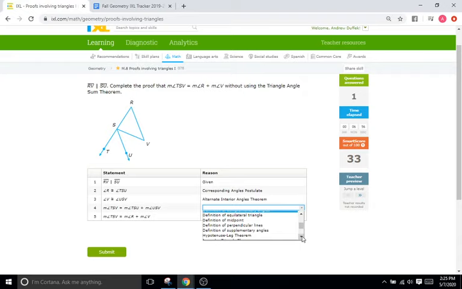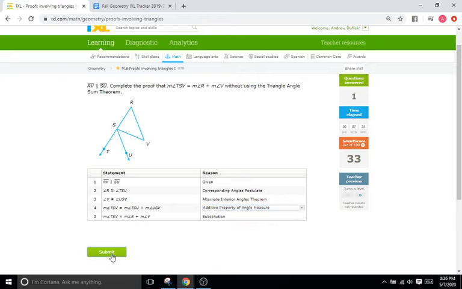Definition of midpoint, no. Perpendicular lines, no. Supplementary angles, two angles that add up to make up 180 degrees, no. Hypotenuse leg theorem, no. Isosceles triangle, nothing to do with isosceles triangle. Parallelograms, quadrilateral, and vertical angle theorem. None of those are going to apply. So the one thing that could apply is the additive property of angle measure. And that's just saying when you add these two angle measures together, it's going to add up to another one. So we'll do that one and submit.